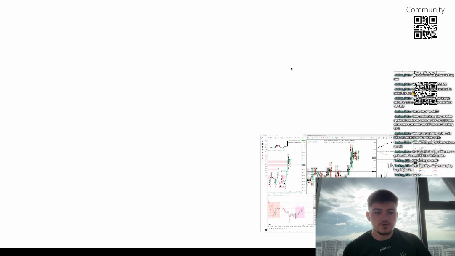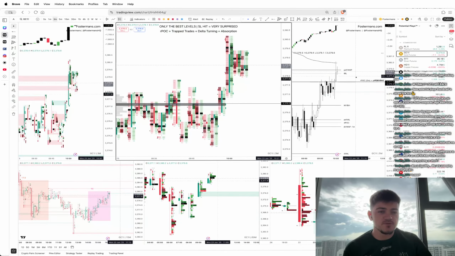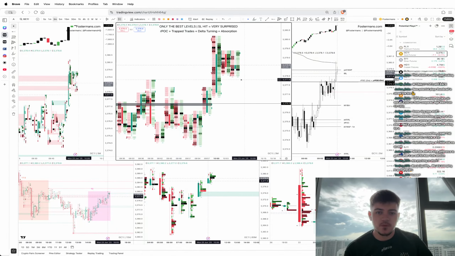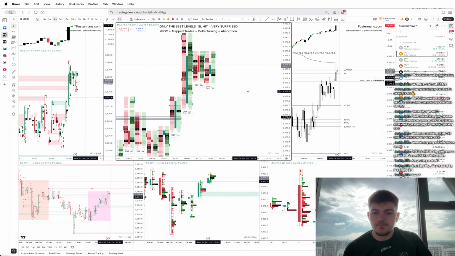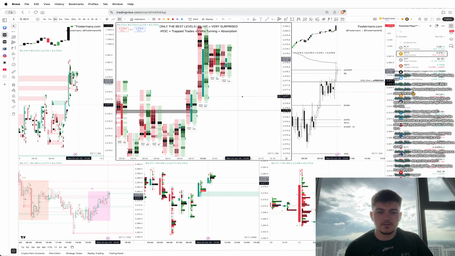You could have taken that scalp really quick off that previous day VWAP plus that VWAP, but I wouldn't have. There's too much buy volume coming in. I don't really like that.